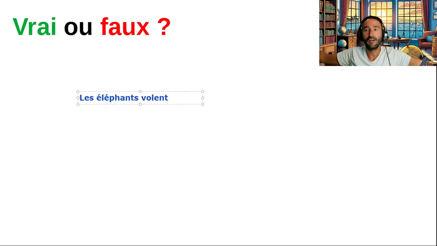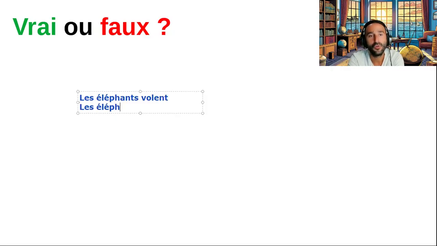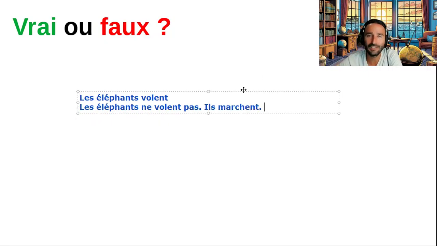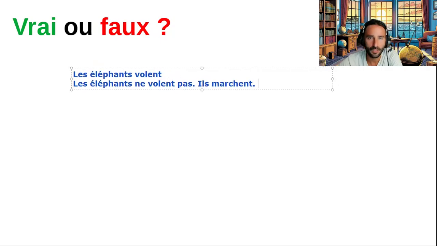The elephants fly. Vrai ou faux? Faux, hein? It's wrong. Les éléphants ne volent pas. Okay? And you can even correct me. You can say ils marchent. So you're just going to make the negative form. If it's wrong, you make the negative, and if it's true, you tell me vrai.